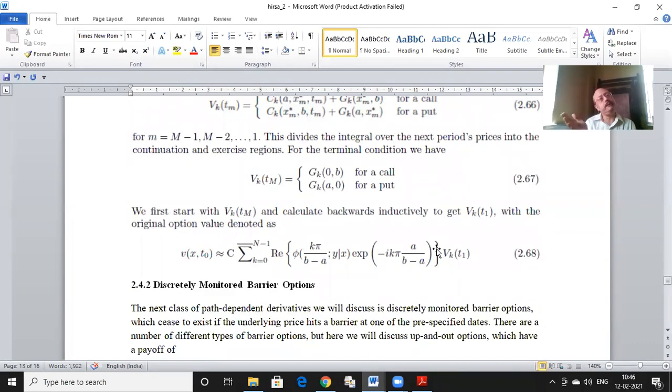Doing all these things successively till time 0, this 2.68 is the final expression, where when I am evaluating the time 0 values, I am using the first period, T1 periods, V function. So I start with V at T capital M, calculate backwards, get to V at T1, and this is the final expression that I will get. So it's a lot of calculation, but of course, in a computer program, it will be done recursively. So you just need to write a loop. So the loop will run itself out till time 0.